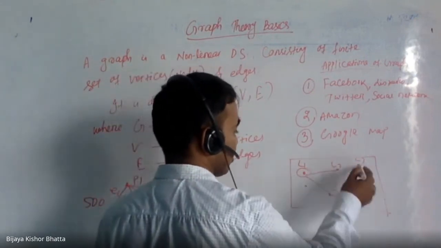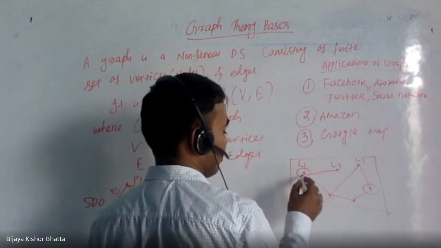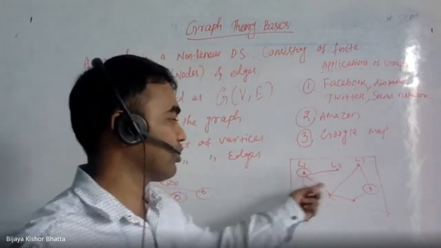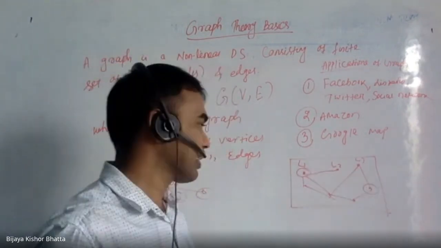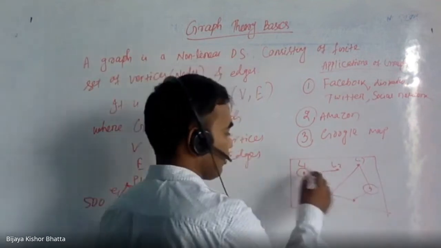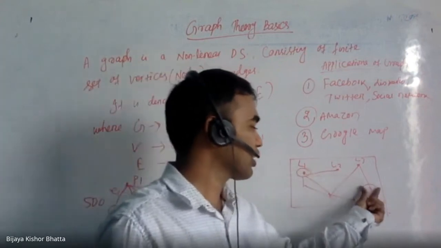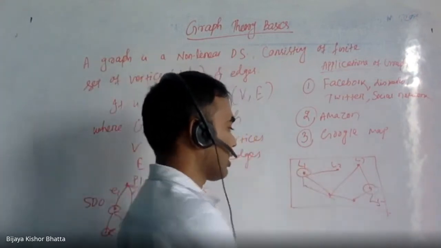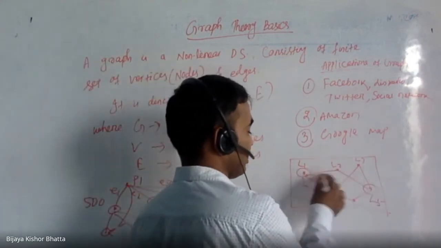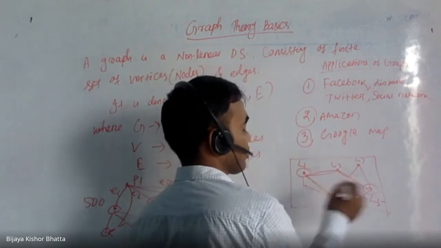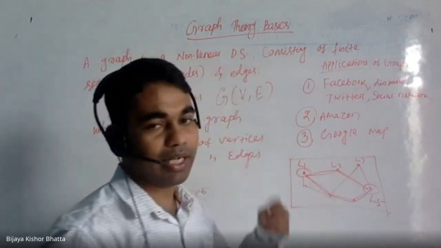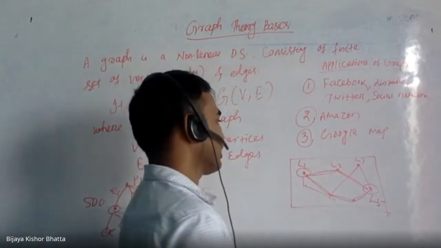It maintains all the possible edges between all the vertices, then calculates the shortest distance from maybe L1 to L5. This is your source and this is your destination. It tries to see which of the different paths is the shortest, and accordingly it guides you. That's how Google Map works.